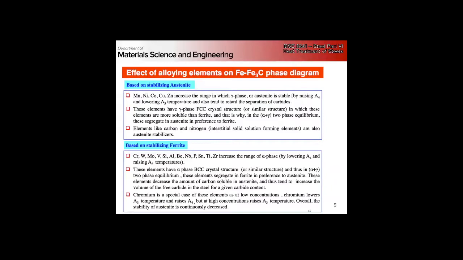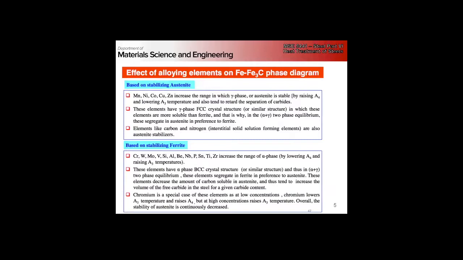Carbon is more soluble in them than in the ferrite. These tend to segregate into the austenite. And we also mentioned that the elements carbon and nitrogen are interstitials, and are also very strong austenite stabilizers. But these are all in solid solution rather than interstitial.